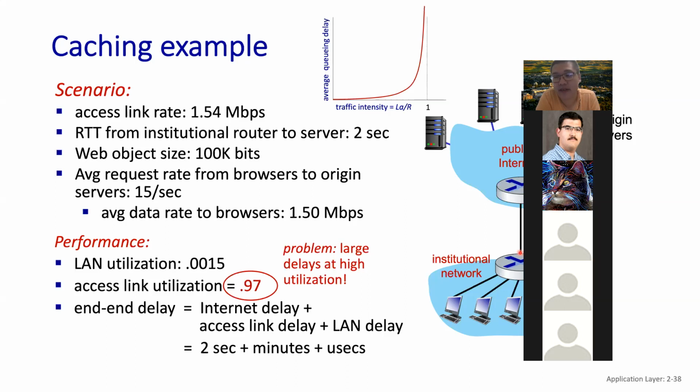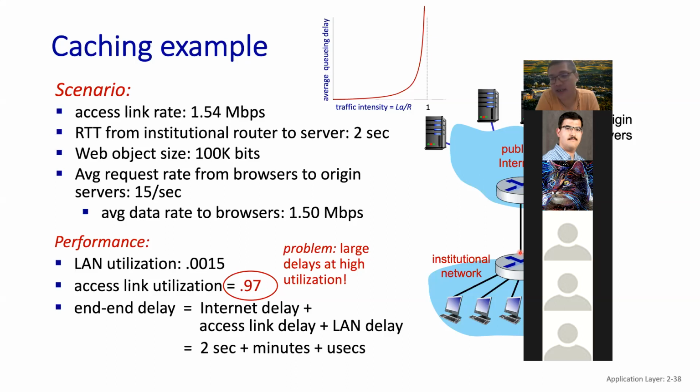You remember this curve. So let's say the access link delay could be minutes, compared to the 2-second RTT, plus some microseconds of LAN delay, because the LAN is under 1% utilization. So the main bottleneck would be the access link delay.